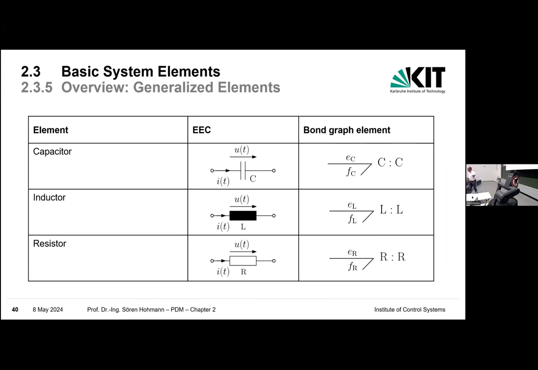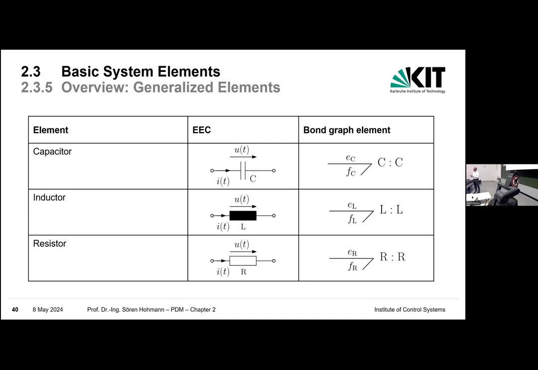This is a notation which just says, okay, if you want to represent a physical object, you can represent it as an electrical equivalent circuit, you can represent it as a bond graph, or you can do anything else with similar features. But what you know is you always have a capacitor, inductor, and resistor. It's always the case in these domains.